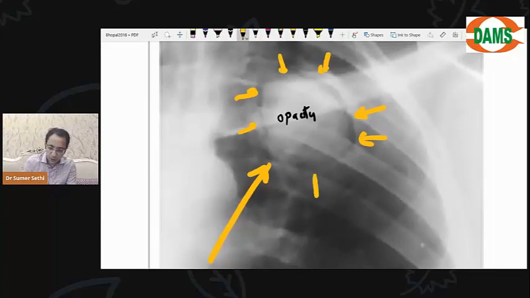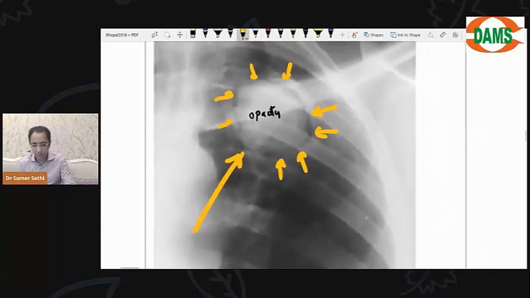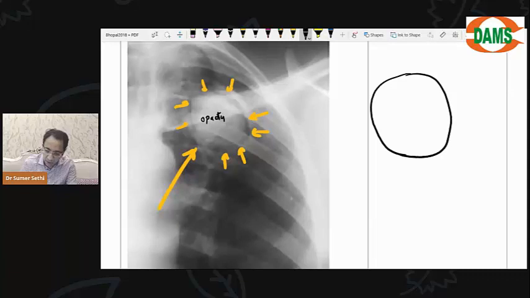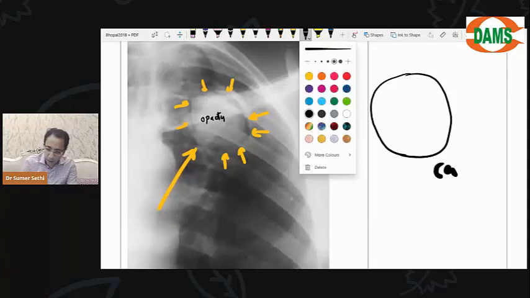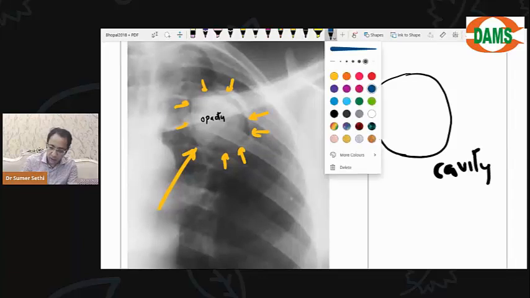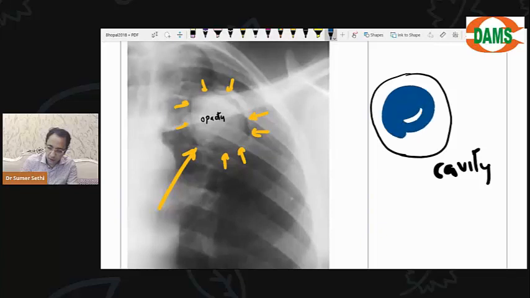Around the opacity there is an air-filled rim. It seems to me that probably we have an air-filled cavity, and in that cavity you have a superadded fungal colonization.